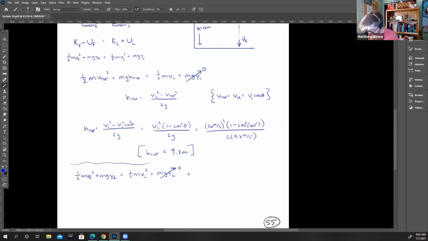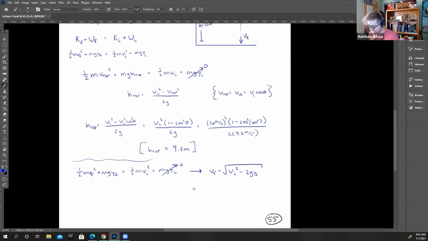Let me skip a lot of steps. I'm just going to say the final velocity is a big square root. You see, it's squared. I'm going to have to square root everything. It's a big square root of initial velocity squared minus 2g y f, so the final height. Okay. Putting everything in.